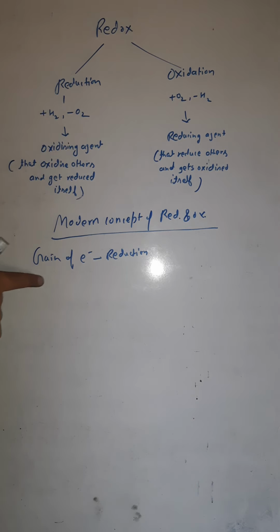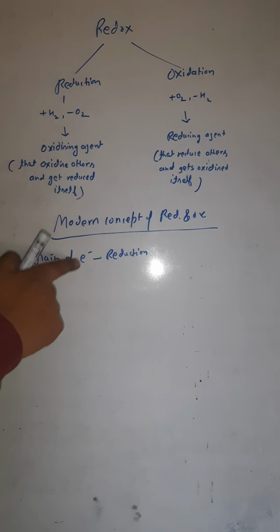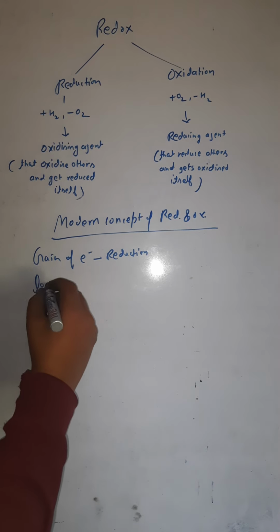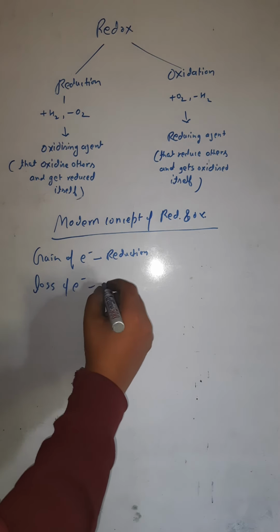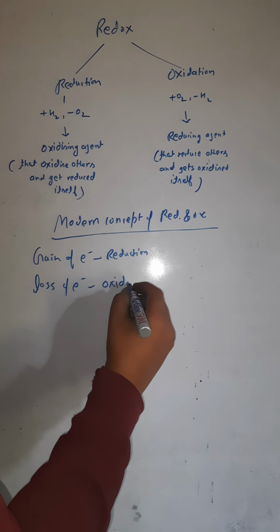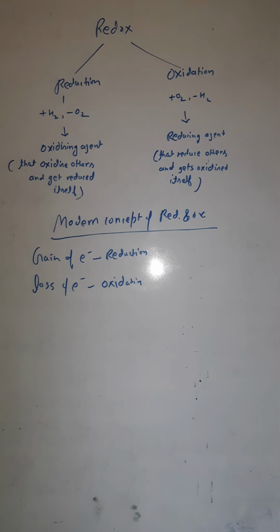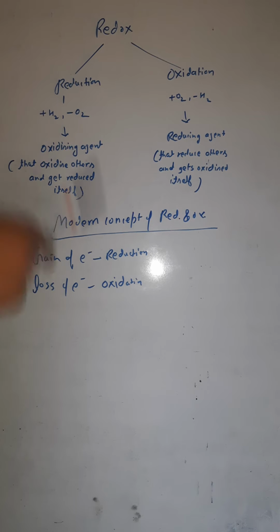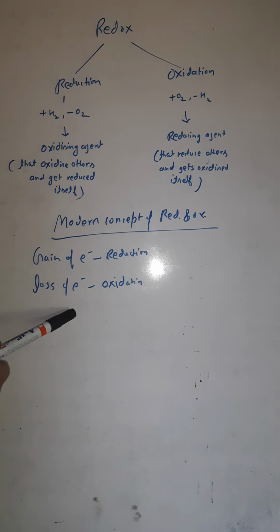But in the modern concept, where there is gain of electrons, we call this reduction, and where there is loss of electrons, we call it oxidation. So this is the basic difference between reduction and oxidation. This is the modern concept which you would study in the classes ahead. Are you getting this? Very good.